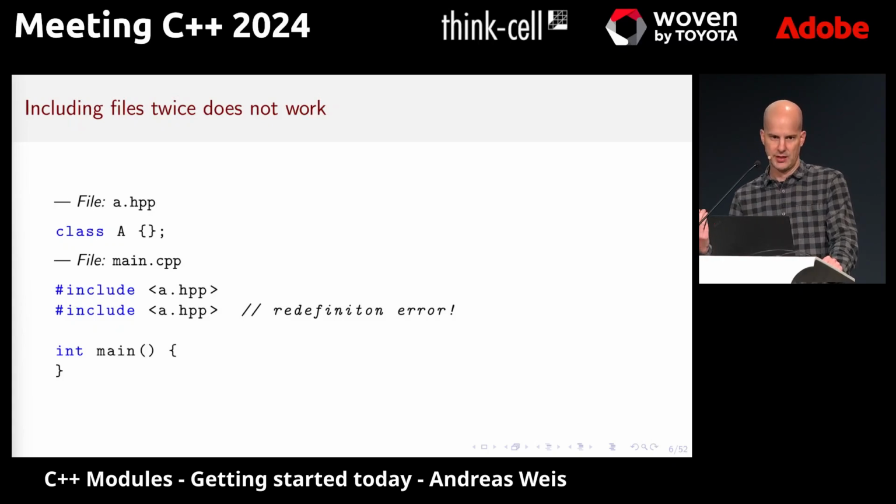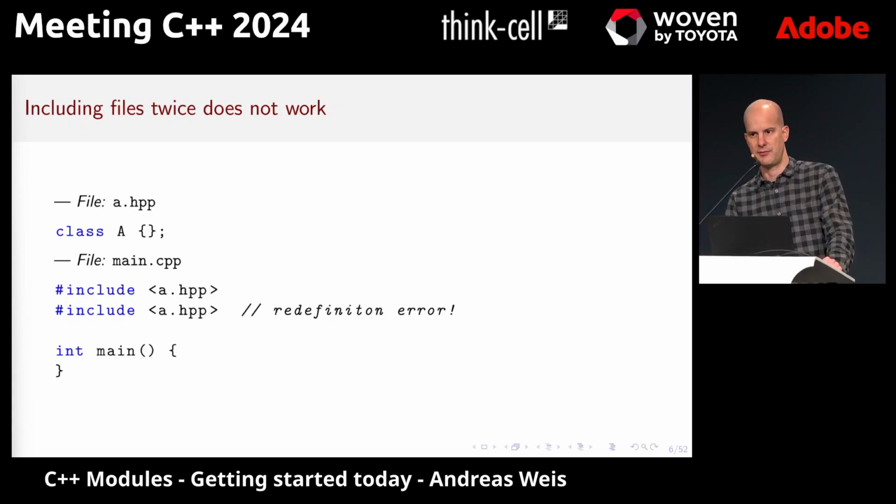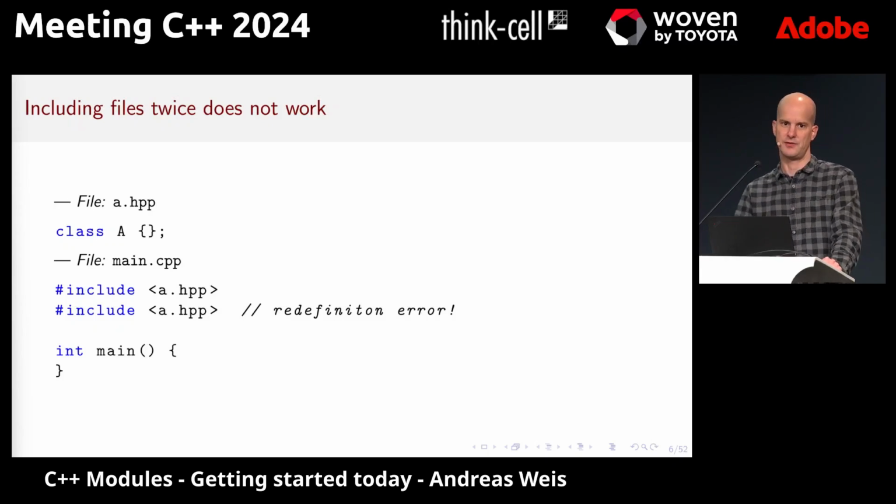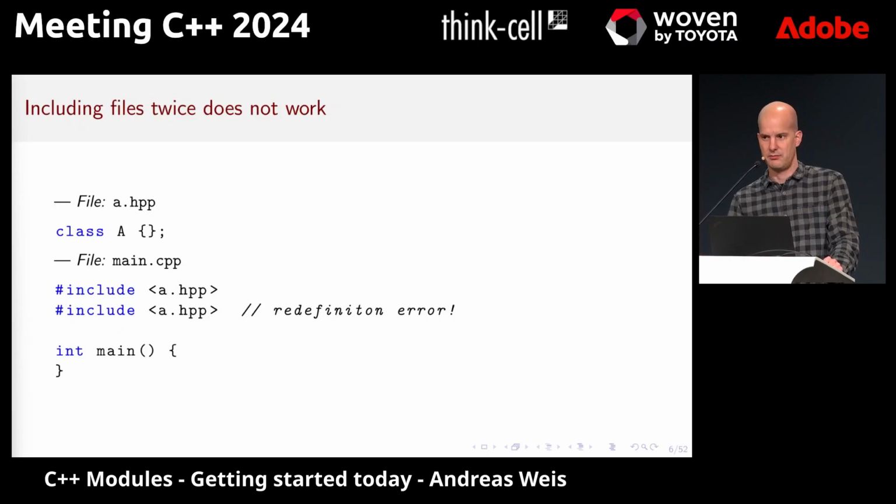And then if that one provides, for example, something where the language says it must only be defined once per source file, then you get a compiler error. When you see this for the very first time, you will be very confused. But yeah, that's why we have include guards. They're kind of a crutch, but they work.